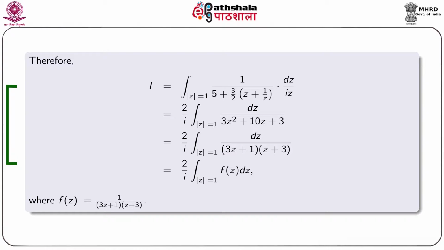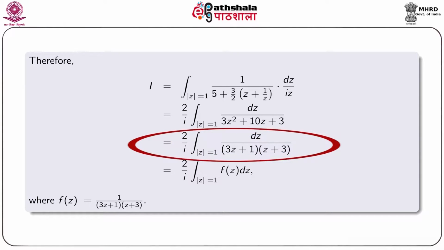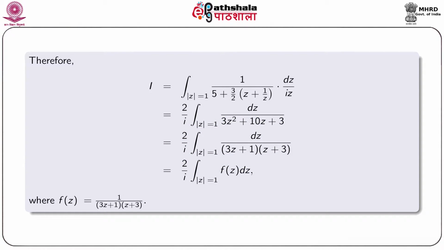By simplifying we obtain 2 by i integral over mod z equal to 1 of 1 by ((3z plus 1) into (z plus 3)) dz, which is equal to 2 by i integral over mod z equal to 1 f(z) dz, where f(z) equal to 1 by ((3z plus 1) into (z plus 3)).